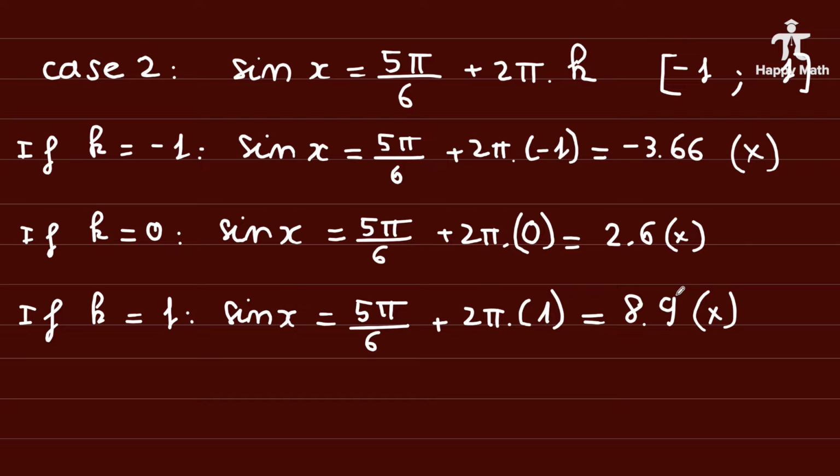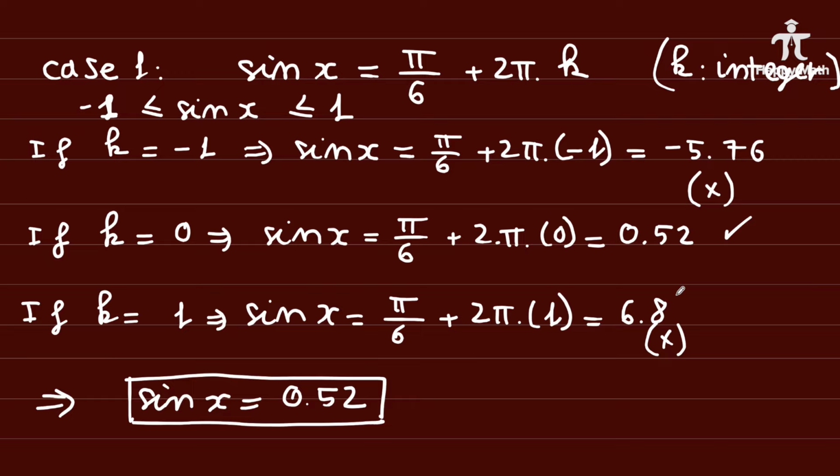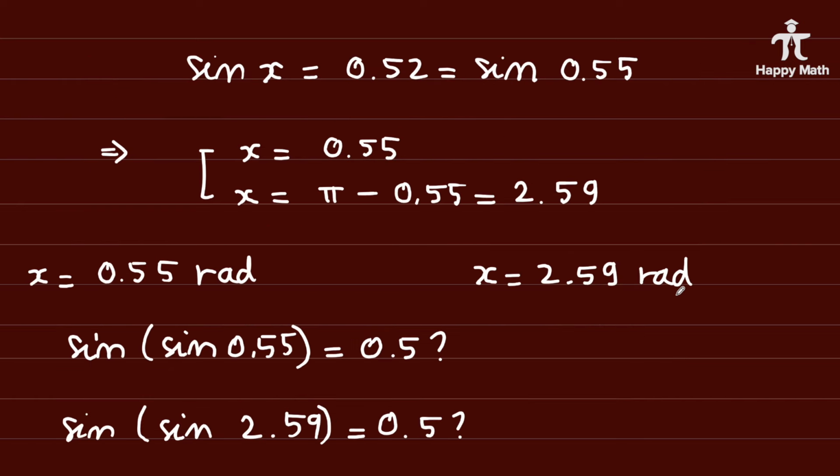So for this case, you got no solution for sin h. You got only one solution for sin h, equal to pi over 6 here. It means sin h has to be equal to 0.52, and 0.52 corresponds to 2 options. You got h equal to 0.55 radian, and the second one will be h equal to 2.59.